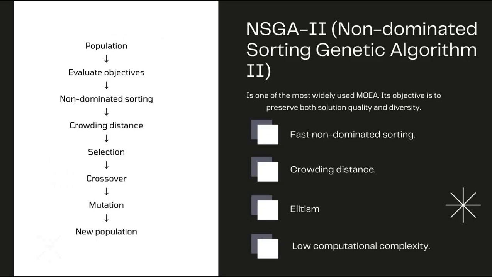Now let's look at NSGA-II, which stands for Non-Dominated Sorting Genetic Algorithm 2. The process starts with a population and then all objectives are evaluated. After that, the solutions are organized using fast non-dominated sorting according to Pareto dominance.